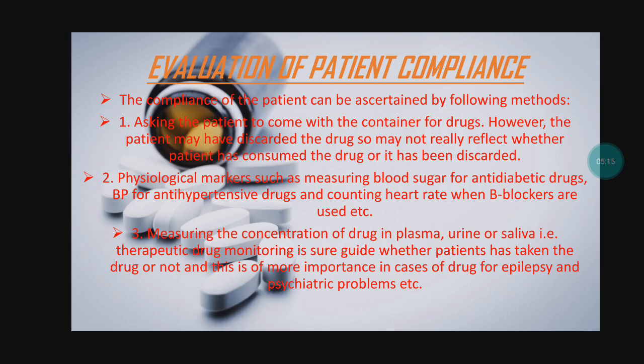Number three, measuring the concentration of the drug in plasma, urine or saliva. Therapeutic drug monitoring is a sure guide to whether the patient has taken the drug or not, and it is more important in cases of drugs for epilepsy and psychiatric problems.